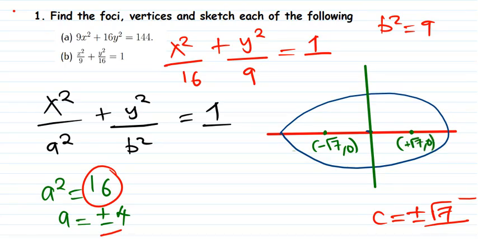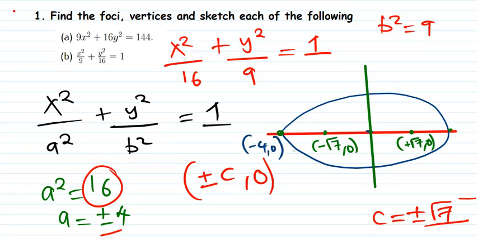So the foci, if the major axis is along the x-axis, are given by plus or minus c comma 0. For the vertices, we get the bigger values: negative 4 comma 0 and 4 comma 0. And b represents the values along the minor axis.